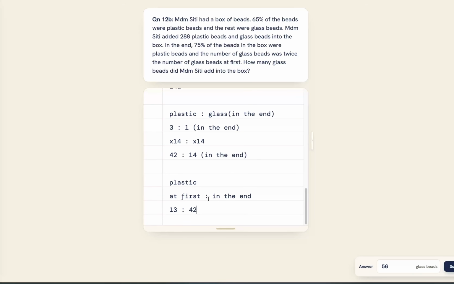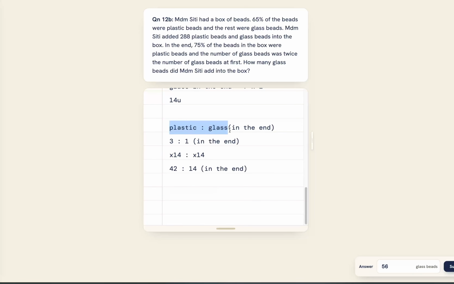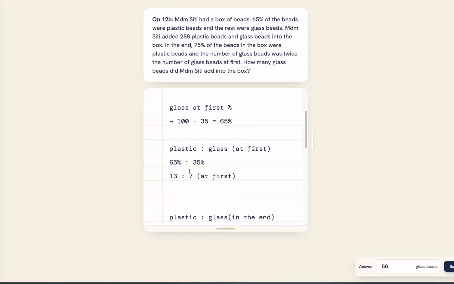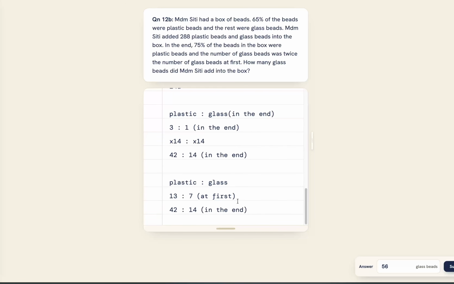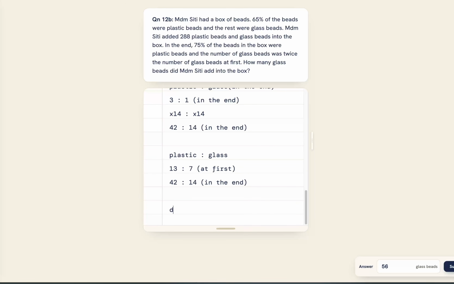Okay, so since we know the before and after, plastic to glass, before it was 13:7, or at first it's 13:7. After is 42:14. So that means the difference in plastic, or plastic added units, will be equal to 42 minus 13, and this will give us 29.